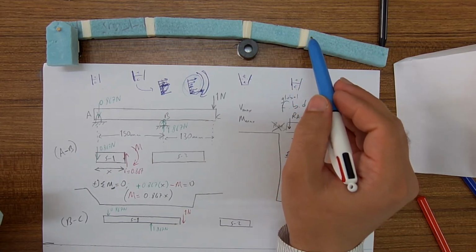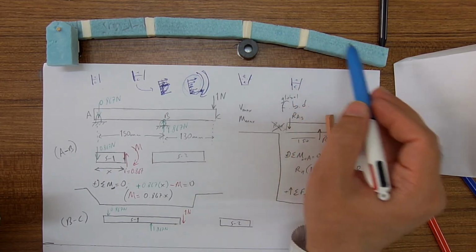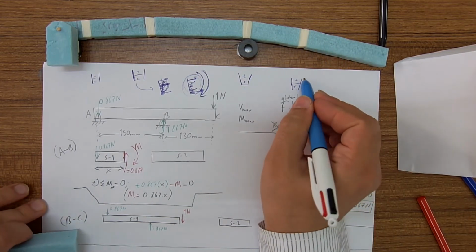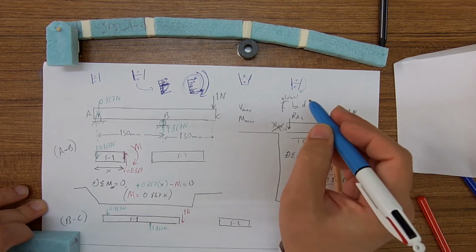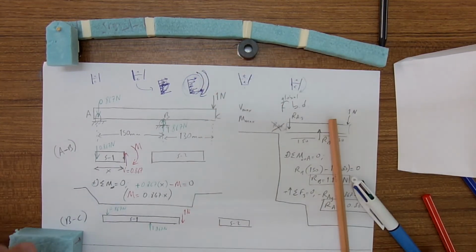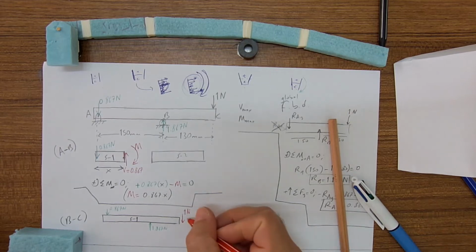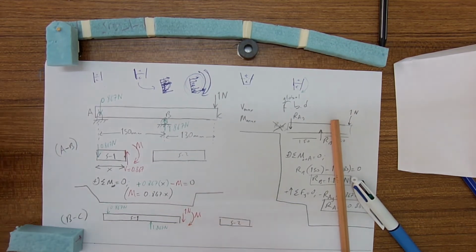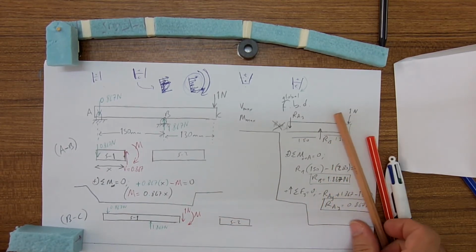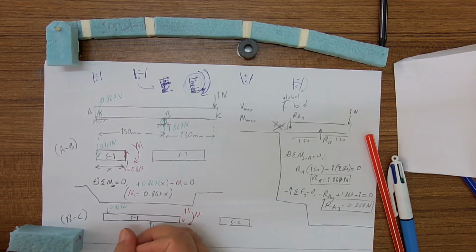That means this segment is applying a moment like this. It is doing this motion. Therefore, the moment is in this direction. Now let's calculate moment here, writing the moment equilibrium equation.